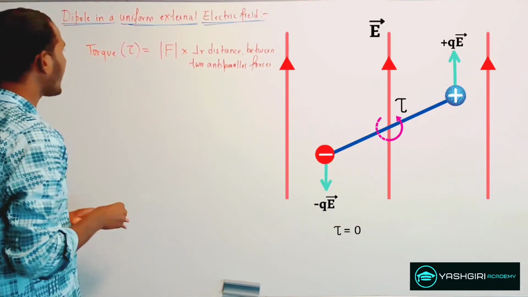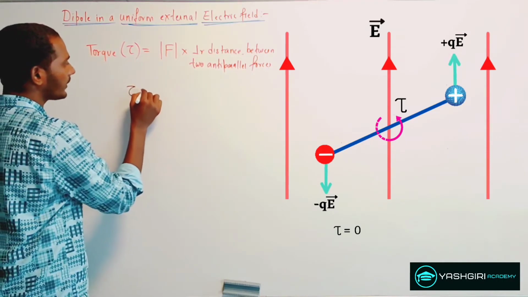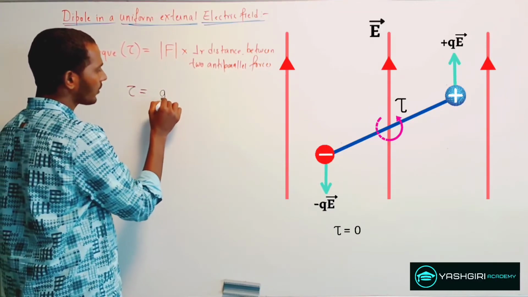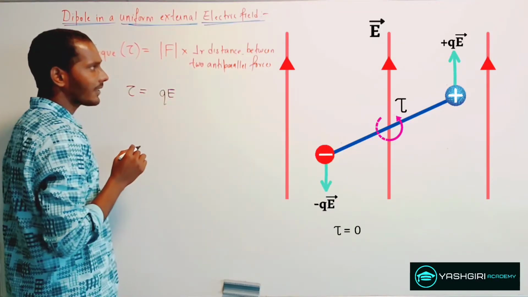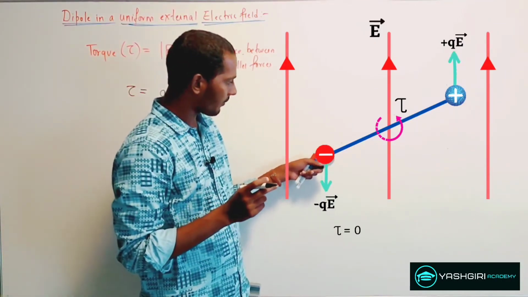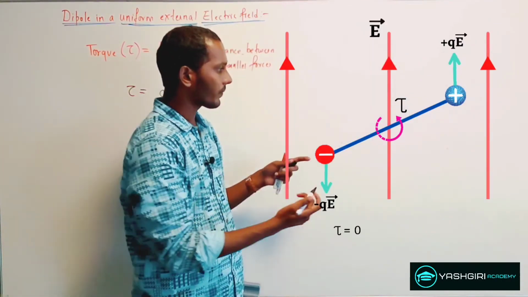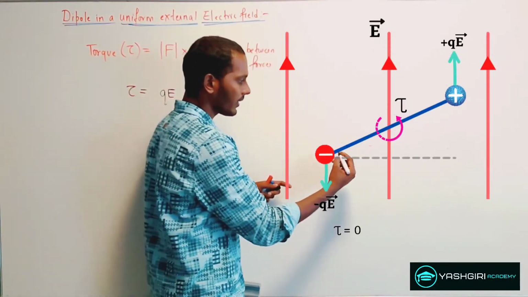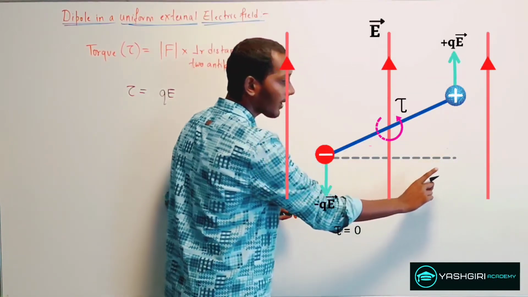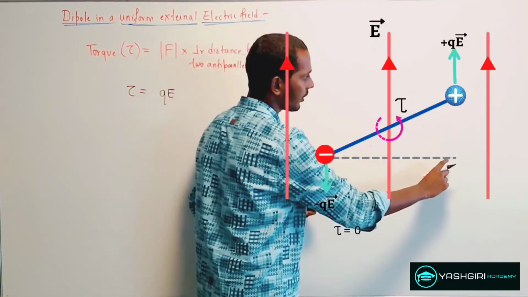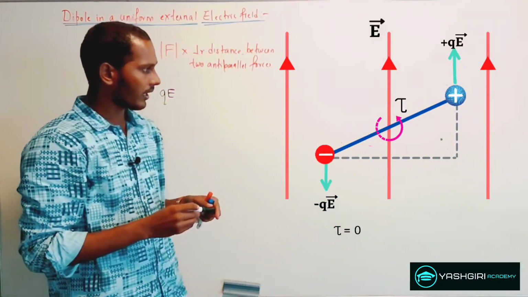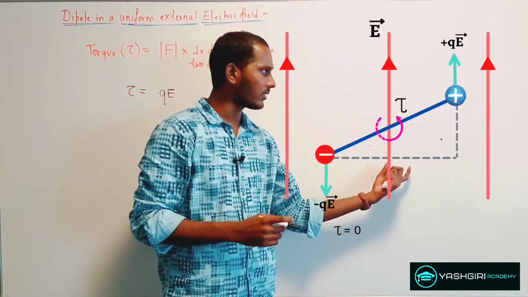So the torque acting on the electric dipole will be equal to any one of the forces, that is qE, into the perpendicular distance between these two anti-parallel forces. The perpendicular distance between them is this distance. If I draw a line from here to here, and complete it by drawing a vertical line over here, that gives me a triangle, and I am interested in measuring this distance.